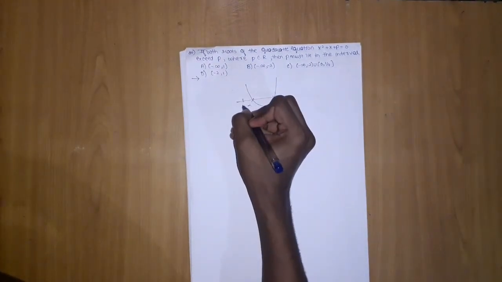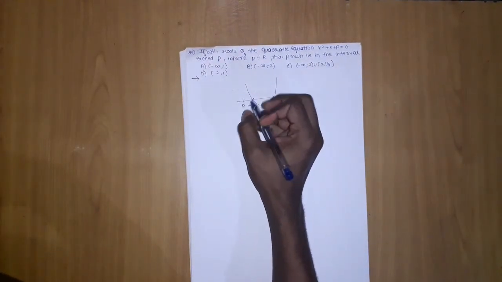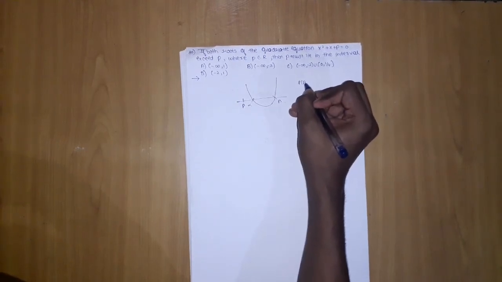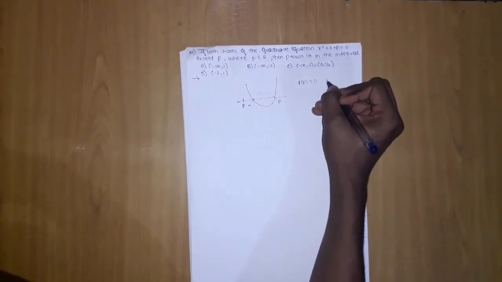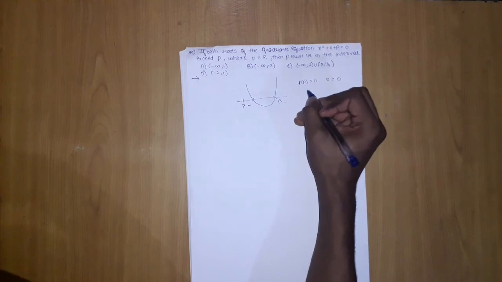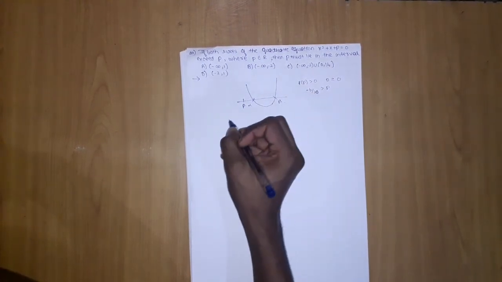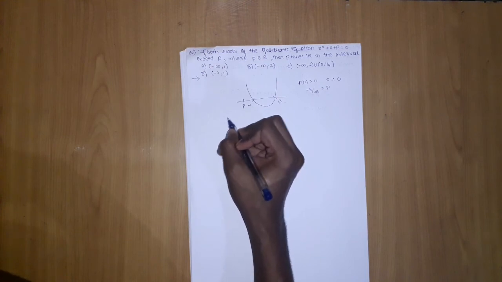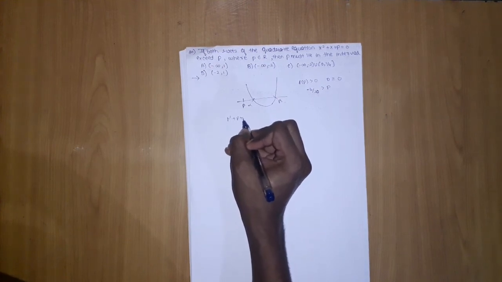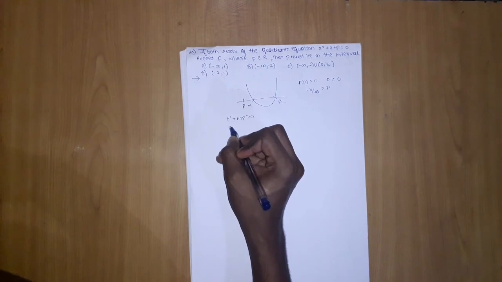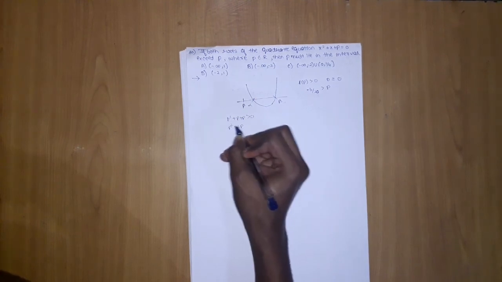P should be here because these two roots are greater than p. What are the conditions for this? f of p should be greater than 0, D should be greater than or equal to 0, minus b by 2a is greater than p. When we put f of p, it will be p square plus p, and it should be greater than 0.